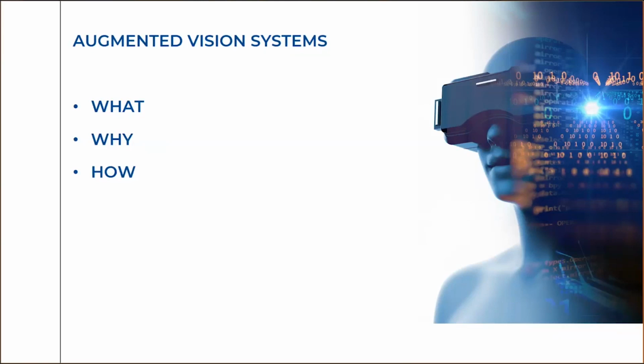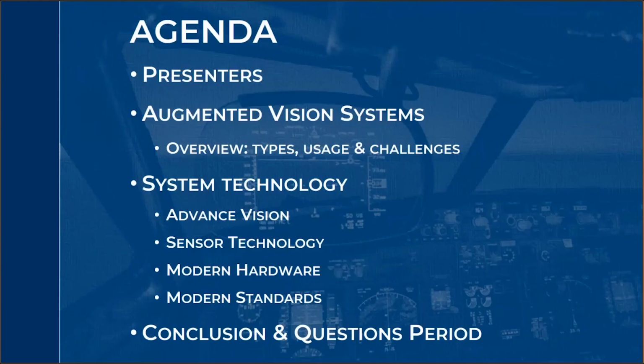There will be a follow-up with more technical details, but today is to introduce the concepts, the details of what they are, why we might want to use them, and how they can be implemented. We're going to go through the types, usages, and then look at the actual system technology, the sensor, hardware, and standards, and then take a series of questions at the end.